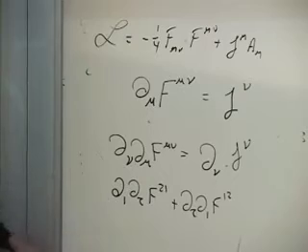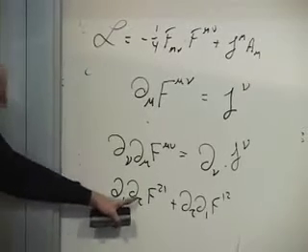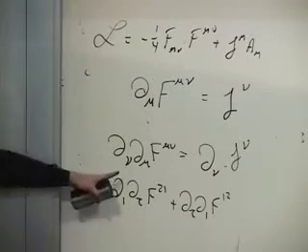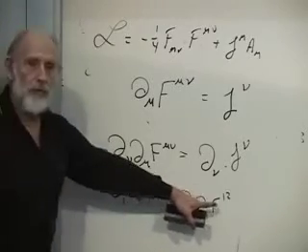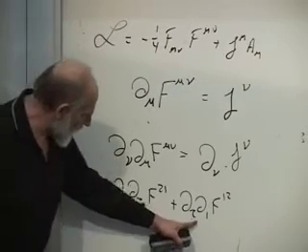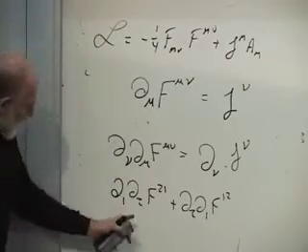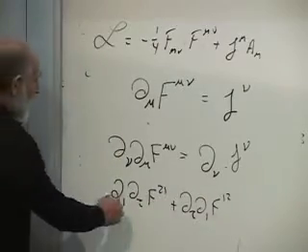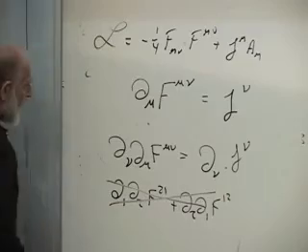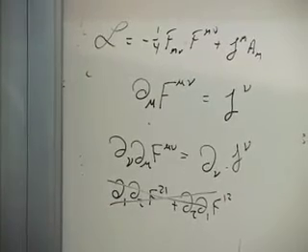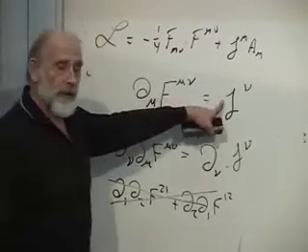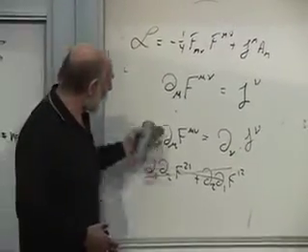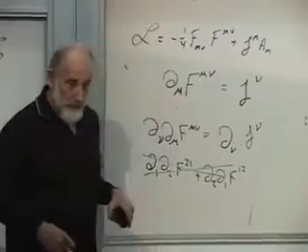When I sum over mu and nu, I get things like d1, d2, F21 and d2, d1, F12. These cancel because F12 and F21, the second derivatives with respect to 1 and 2 are the same. So we would have discovered right here that the equations of motion for F require that J is conserved. We don't really have the option of not allowing it to be conserved. The equations of motion force it to be conserved.